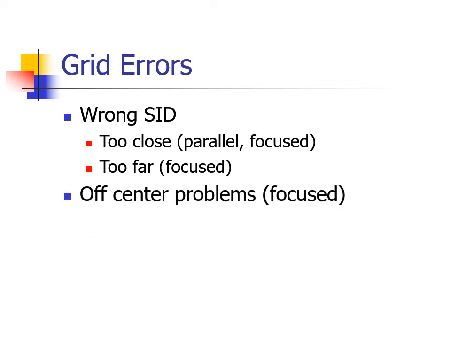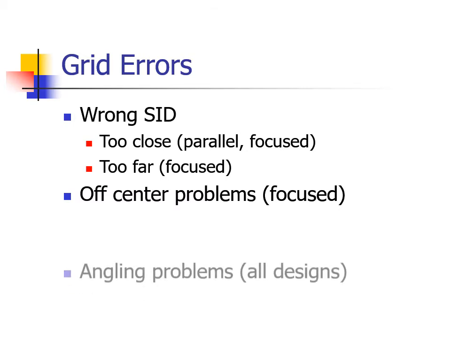A problem unique to a focused grid is that the central ray must be aligned to the center line of the grid. This is one of the reasons, when using a bucky, the first step in setting up for a position is to align the tube to the bucky center. Deviation to the right or left will cause grid cutoff when using a focused grid.